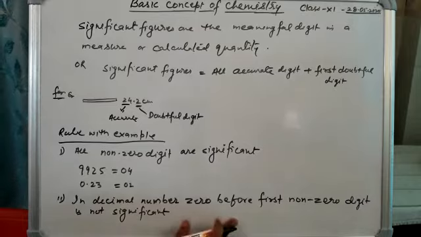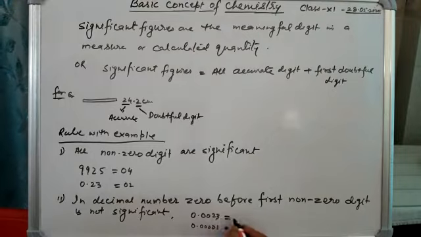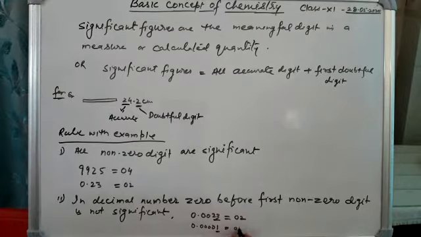For example, 0.0023 and 0.00001. How many significant figures are present? Here there are only 2 significant figures, and here only 1 significant figure.